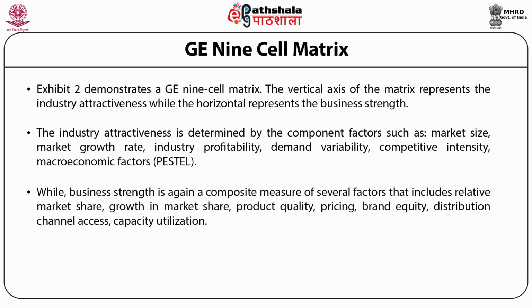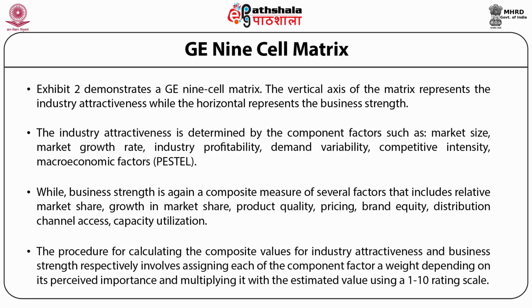While business strength is again a composite measure of several factors that includes relative market share, growth in market share, product quality, pricing, brand equity, distribution channel access, and capacity utilization.